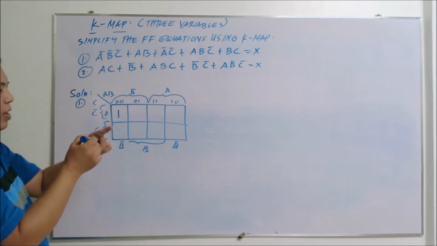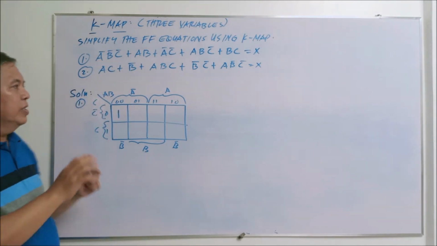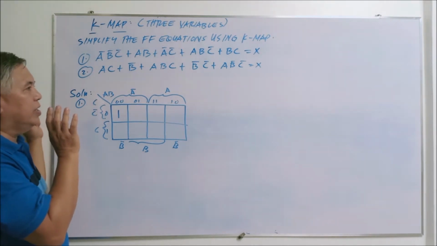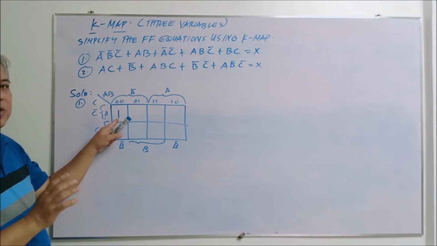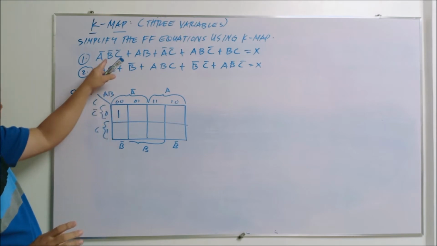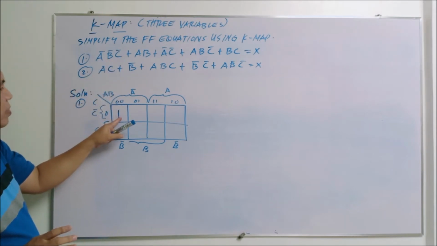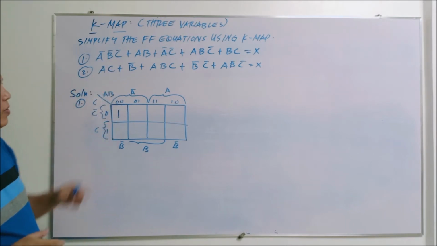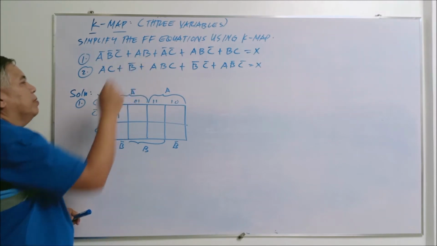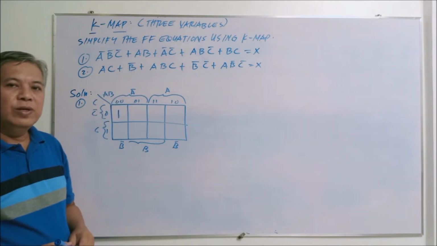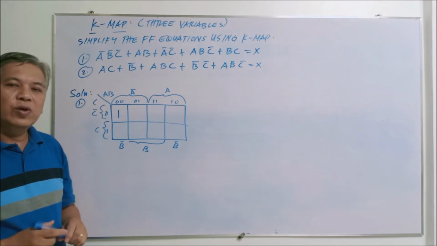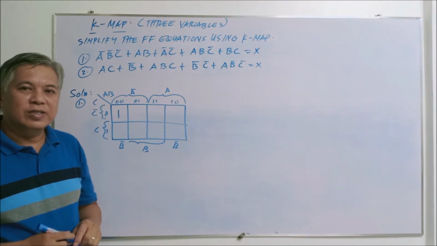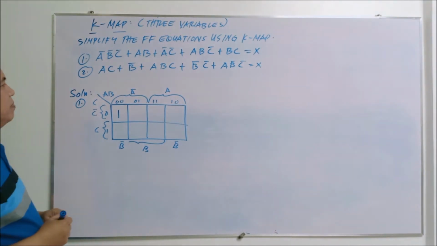Okay? In our rule, it says a single cell which cannot be combined represents a 3-variable term. So, that means a 3-variable term, single cell. Okay? Then you have 2-variable term. How many cells? We have 2 adjacent cells, which represents a 2-variable term.